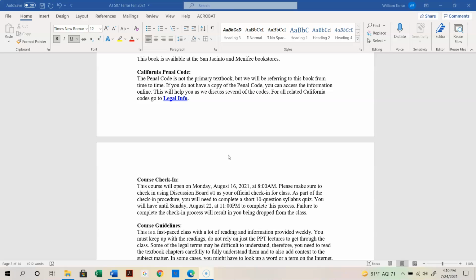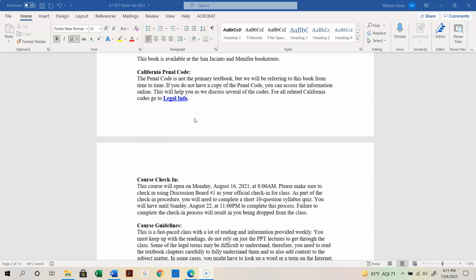Keep in mind, though, that for every one of these crimes there are elements that have to be met in order for you to be able to prosecute this type of offense, right? So sometimes we're going to break those down a little bit. Having access to a penal code is a good thing, but you don't have to have it, because right here I've got a link to legalinfo.gov.